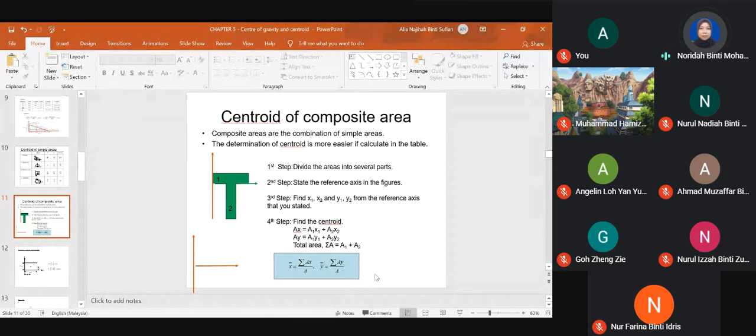The centroid is determined from, again, this formula. X bar is equal to summation of area times x bar divided by total A. It's actually like this, yeah.